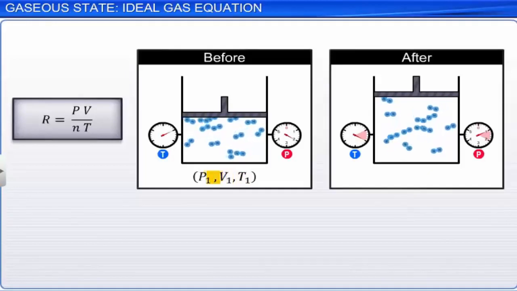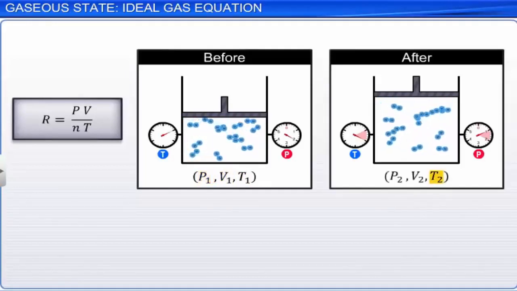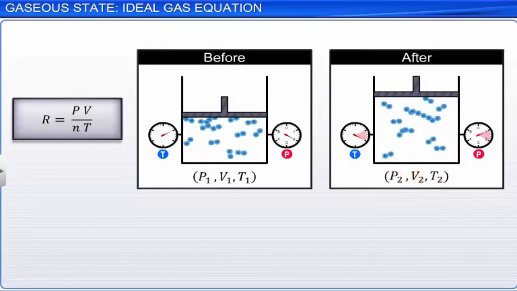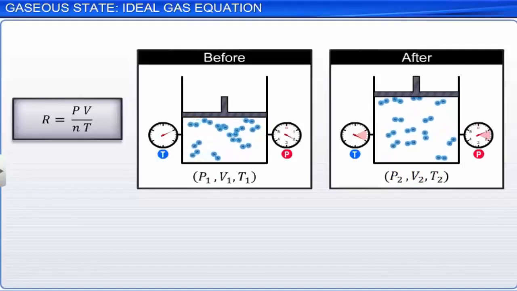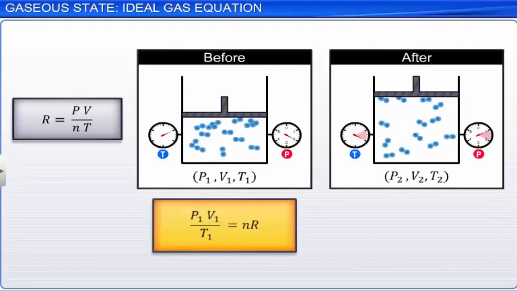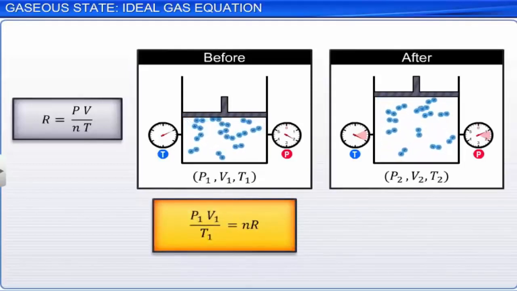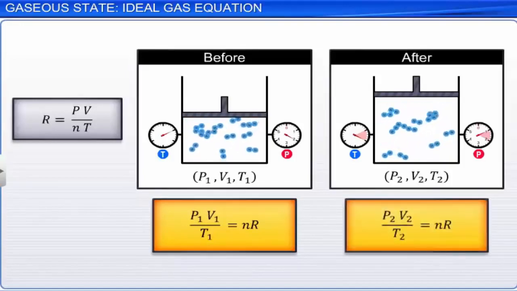Then, using the ideal gas equation, we can write P1V1/T1 = nR and P2V2/T2 = nR. Combining the two equations, we get P1V1/T1 = P2V2/T2.